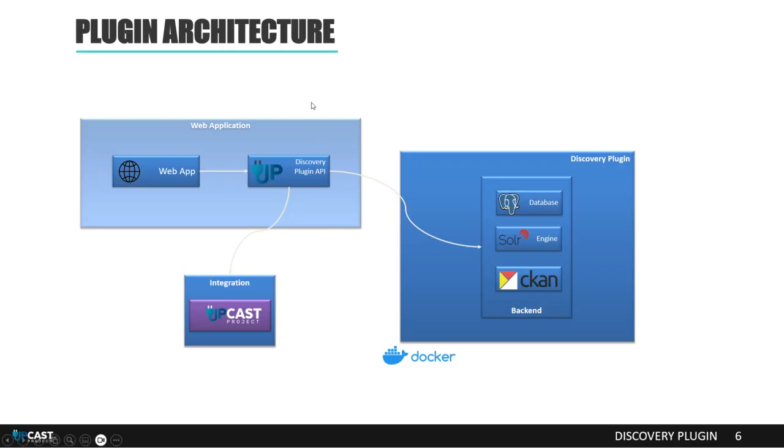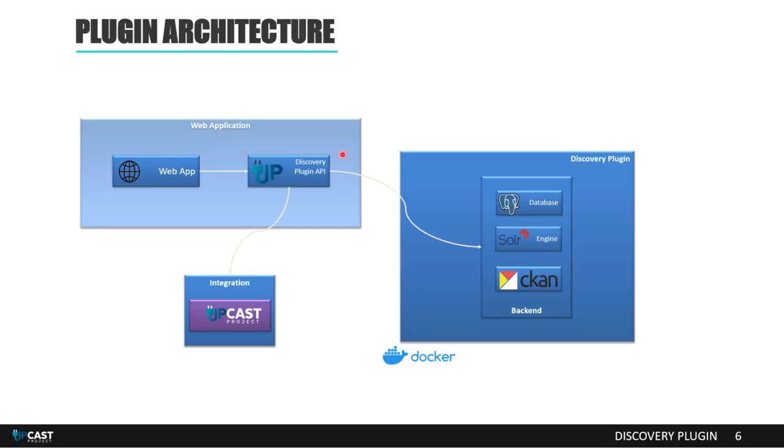Let's go through the plugin's architecture. So the Discovery plugin here on the right is comprised of the CKAN backend that we already mentioned in the previous slide, a Solr engine for further capabilities of search and discovery, and a PostgreSQL database. All this is Dockerized in a way that it can be installed in any infrastructure.